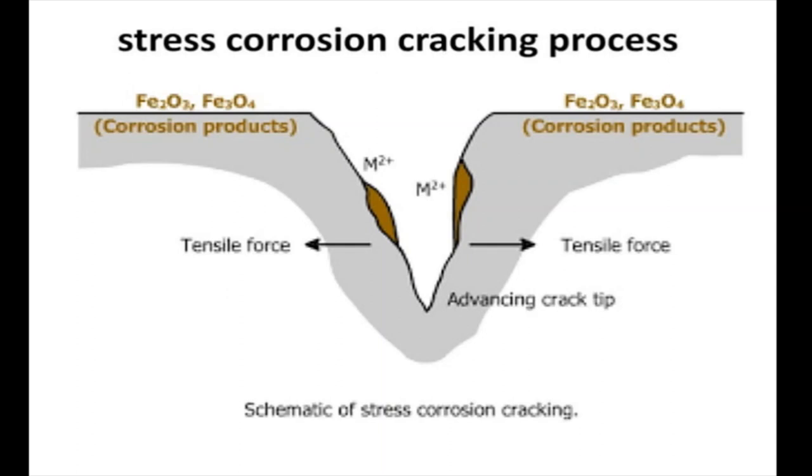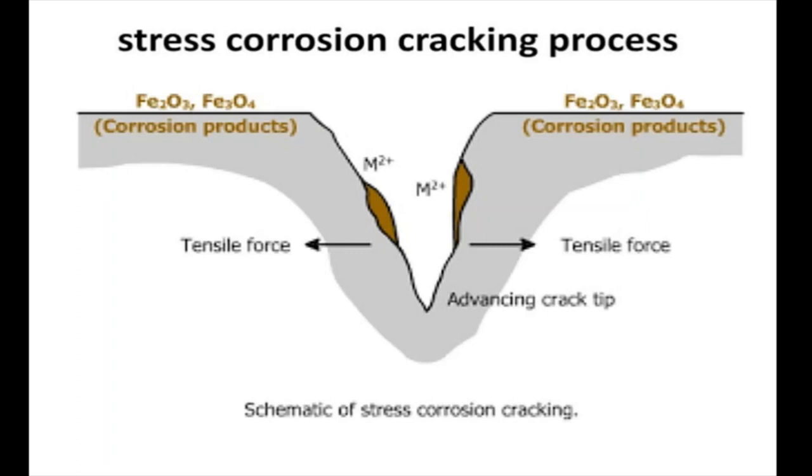So definitely there is a crack tip that will be produced over here, and whenever any tensile force is applied on that metallic material, we know very well that tensile forces are crack opening type of forces. So if there is already a crack and tensile forces are applied on it, slowly but gradually there is a tendency of the crack opening, that is, increment of that crack. Okay, so crack propagation will occur.